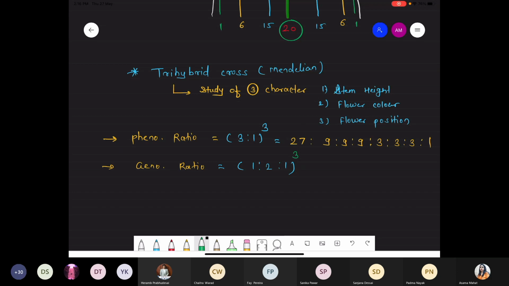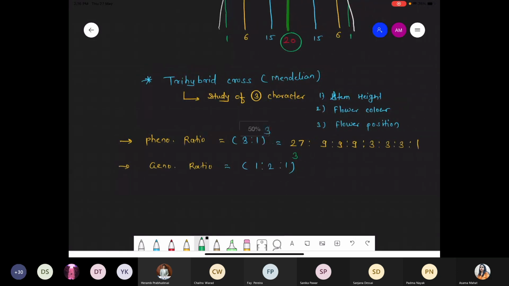Got it? Remember one thing, human skin color is polygenic inheritance. It is not coming under trihybrid cross. Polygenic inheritance means a single character is controlled by many genes, more than two genes or three pairs of genes. What is the meaning of the trihybrid cross? Three pairs of genes control three characters. These are the study of three characters.